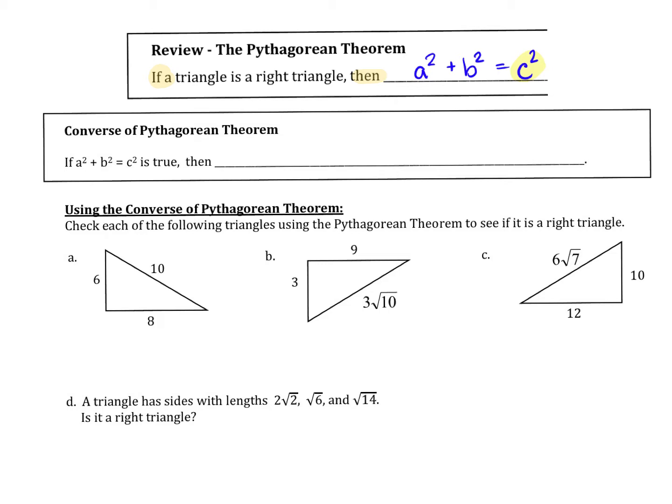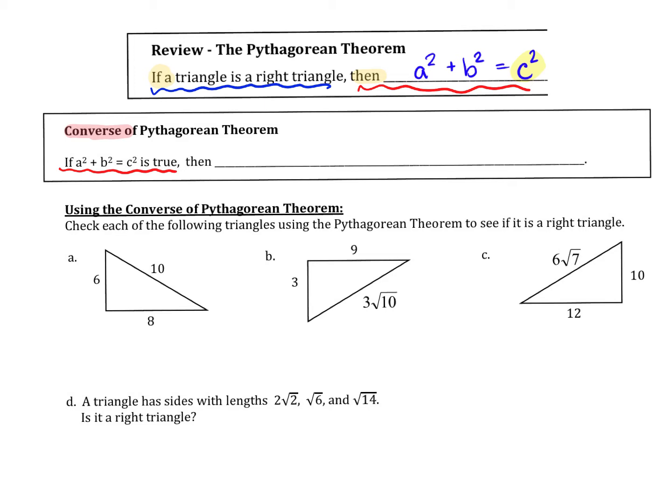So remember, if we're doing the converse, that means we are switching the if with the then. This is my if, here's my then. So the then is now going to become the if.